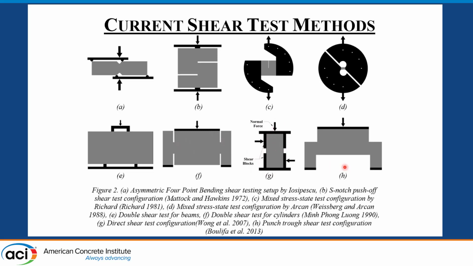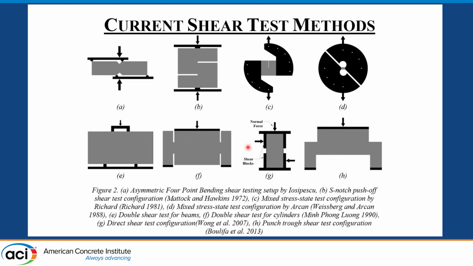And H is a cylindrical push-off specimen or punch-through shear specimen that has been used for cement or mortar.